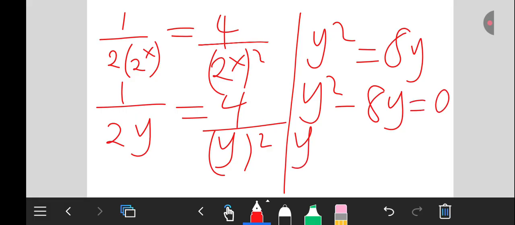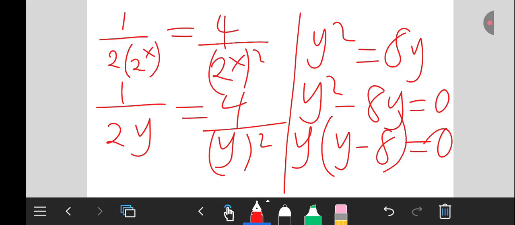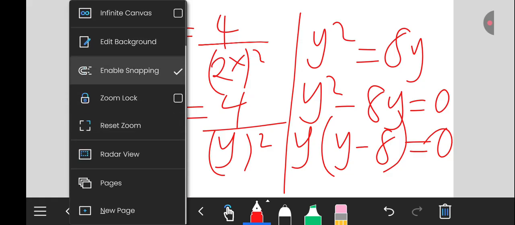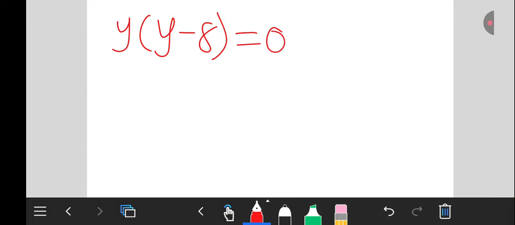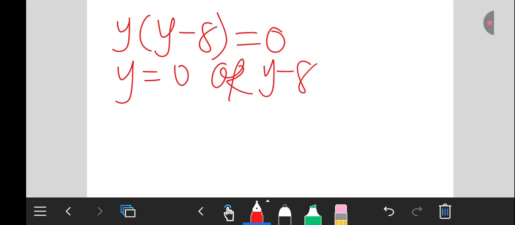Then I factorize, so what I have now is y open bracket y minus 8 close bracket is equal to 0. So you can say y is equal to 0 or y minus 8 is equal to 0, of which we can say y is equal to 8.